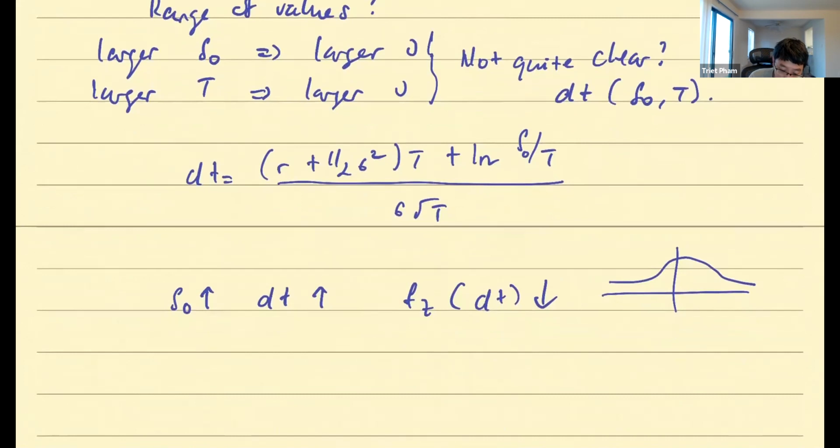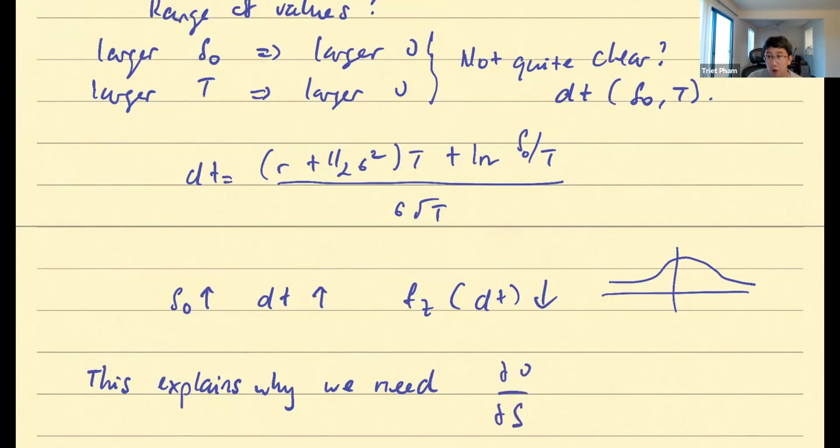But let me say one thing. This explains why we need the partial of vega with respect to S. That's what you're asking.